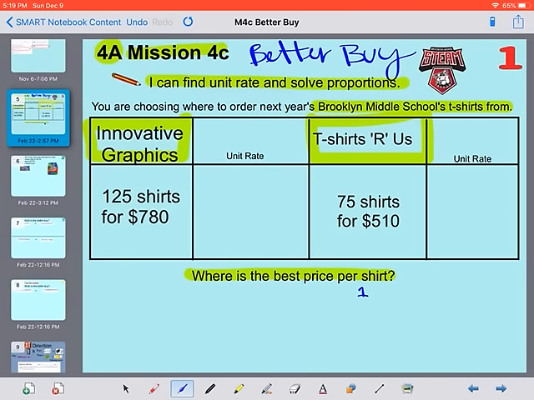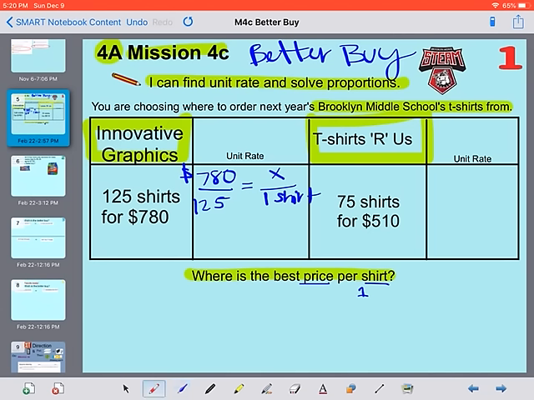So if we're thinking price per shirt, this first example, it would cost us $780 for 125 shirts. So this is our price, and this is per shirts. We want to find out, well, how much would it cost for one shirt?